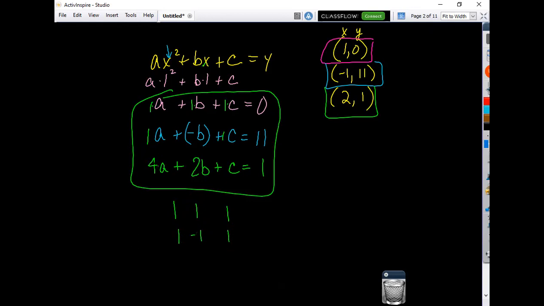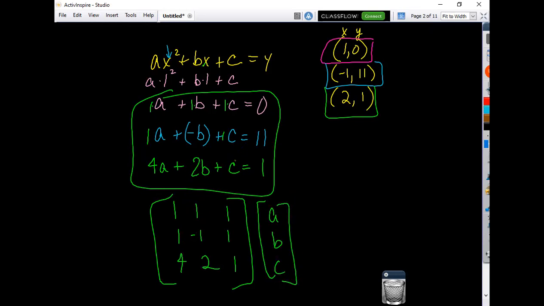In the third row, I have 4, 2, and 1. If you took those all times the ABC matrix, that would give you the left side of all the equations equal to the right side of the equation, 0, 11, 1.